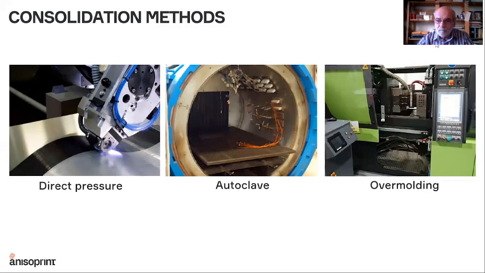Another way to consolidate is in an autoclave, which is under hydrostatic pressure, and at high temperatures the pores are being squeezed out from the material, but that's a second step. So the process will now be multi-step.